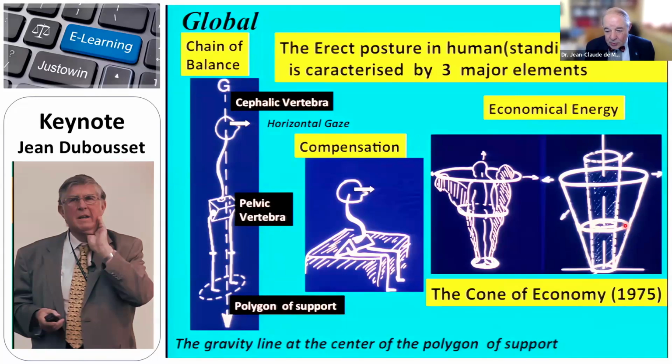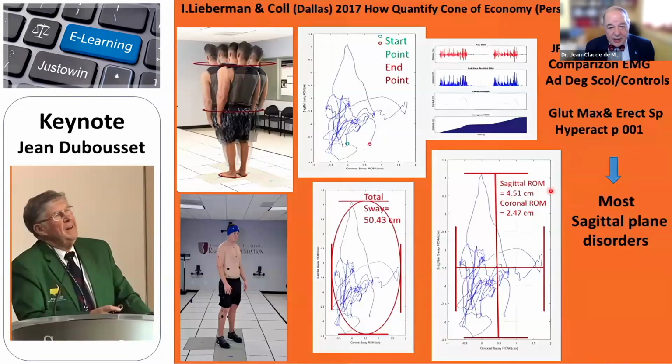With this cone of economy, it was one of the first publications, 1975, of this cone of economy for very important scoliosis. It was scoliosis of more than 60, 70 degrees.